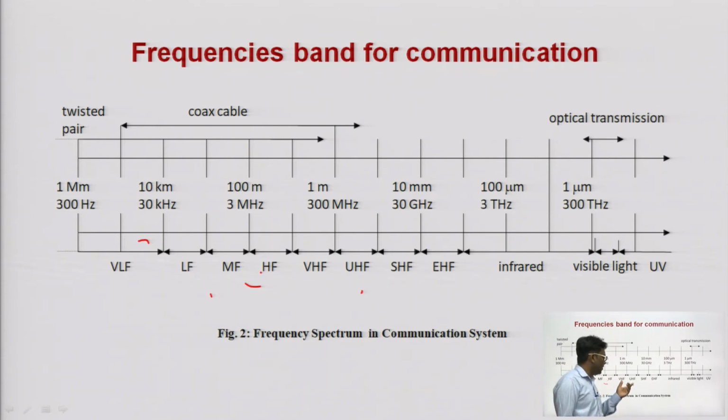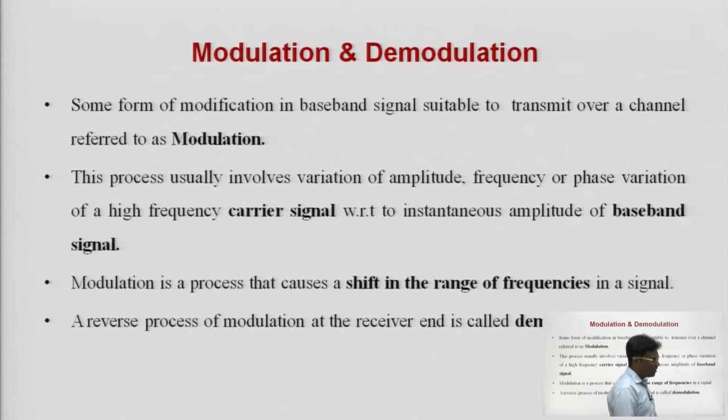The VHF and UHF ranges are used for TV broadcasting, satellite communication and video transmission, while optical fiber communication is used somewhere around the 300 terahertz range. It means optical fiber communication gives you the highest available bandwidth, and hence the data transmission rate is high in optical fiber communication.